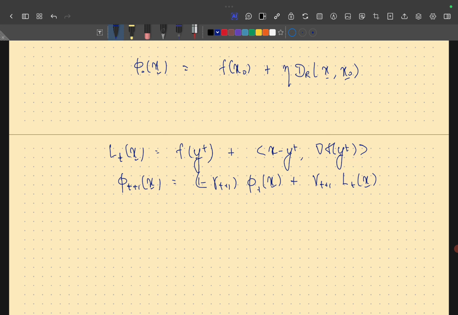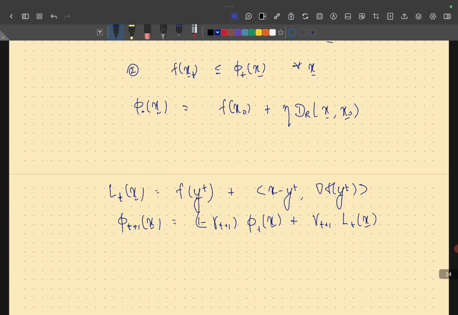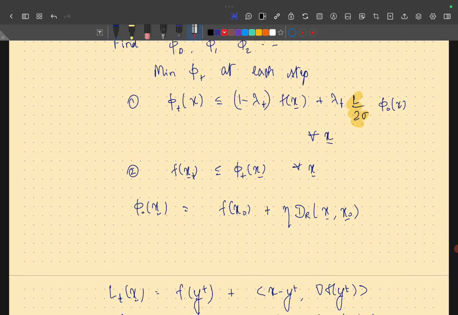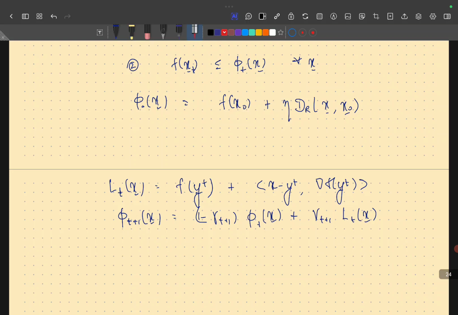So this is how I choose phi t. The claim is that this choice of phi t satisfies properties 1 and 2, which I will not prove.